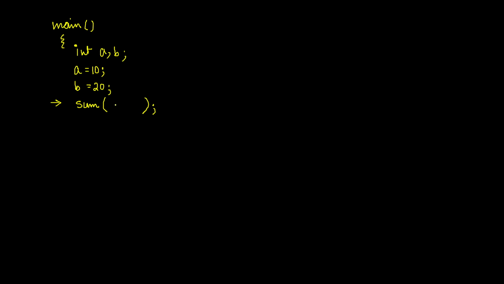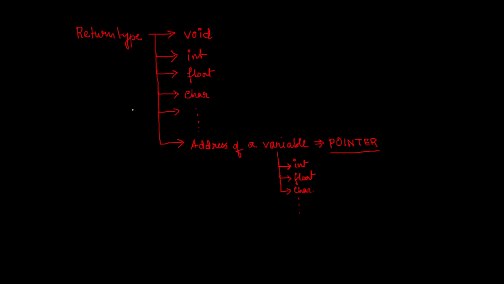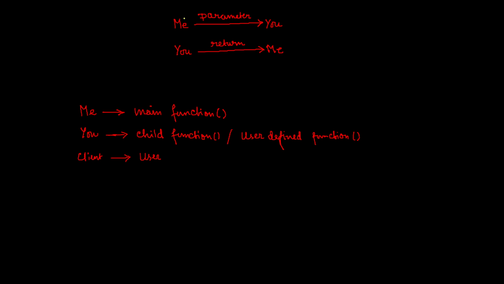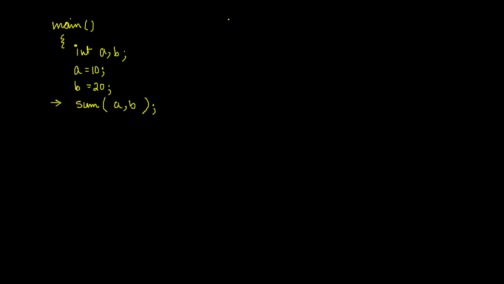So I will write here a comma b, as if I have called sum and passed a and b as parameters. Now the question is, when this particular line executes, what happens? Obviously the sum function has to be called, somewhere the function sum has been written, which will be called and will execute.